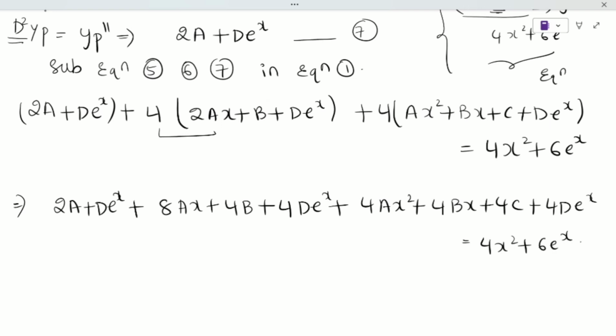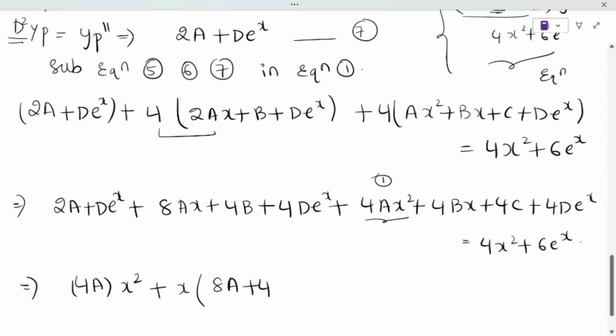Next, I am taking first the x square terms, second the x terms, third the a, b, c terms, fourth the d e power x terms. Now x square is 4ax square. Next I am taking the x term. The x term is 8a plus 4b, and I am writing it as 2 above.